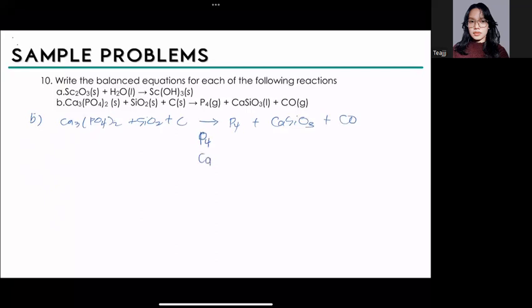Then calcium, then Si, carbon, and oxygen. So 4, dito 2, and then 3, and then 1, and then 1, and then 8 plus 2. Dito naman 1, 1, 1, and then 3 plus 1.